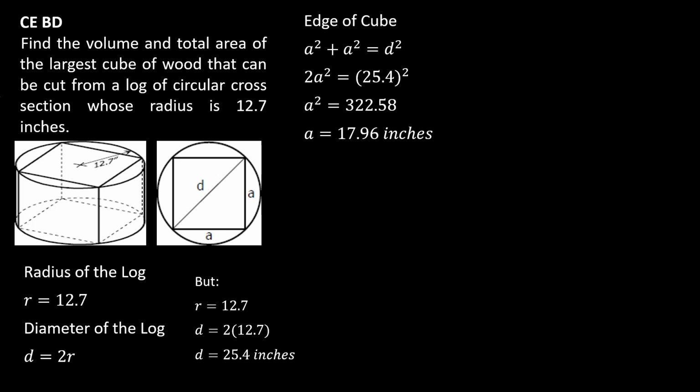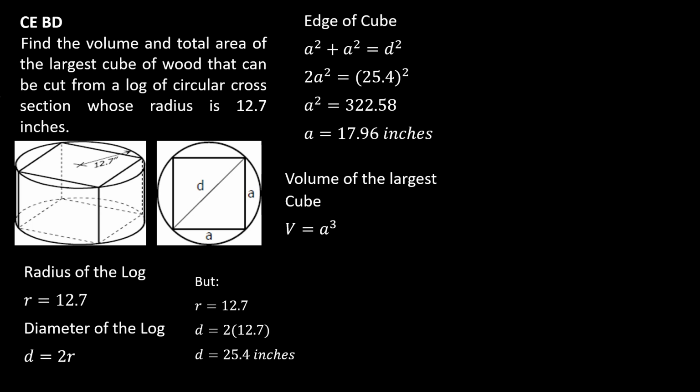This only shows that each edge of our cube has a measurement of 17.96 inches. We can then move to the volume calculation. The volume of the largest cube is equal to a cubed. As we can see, we already have a value for a.